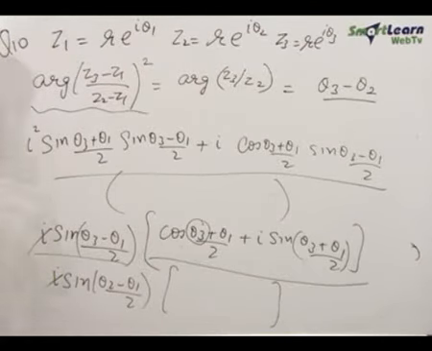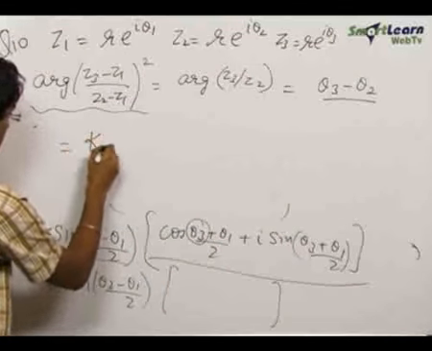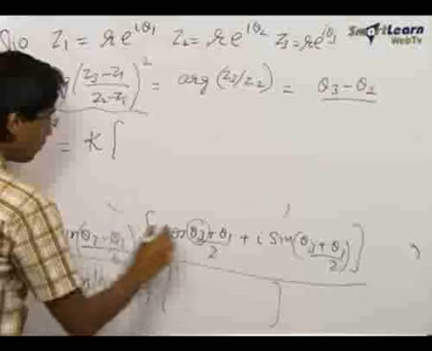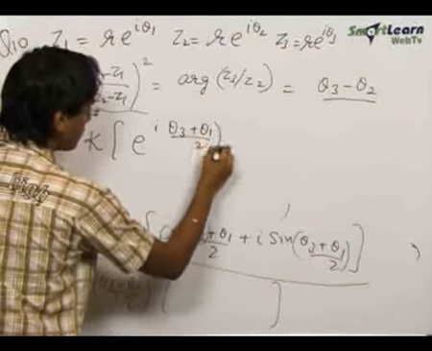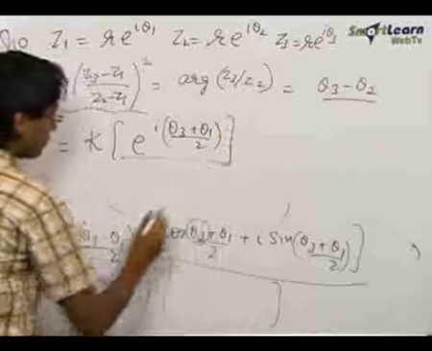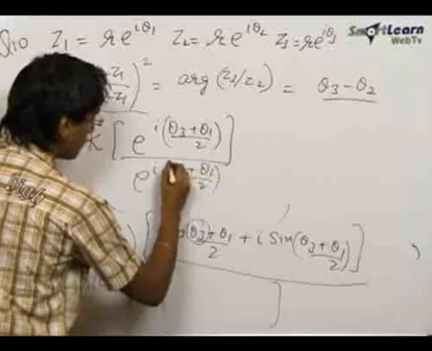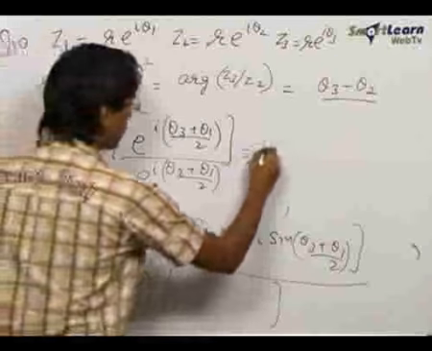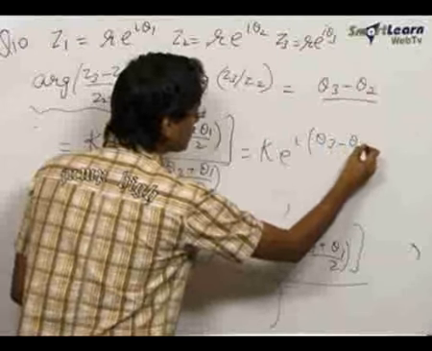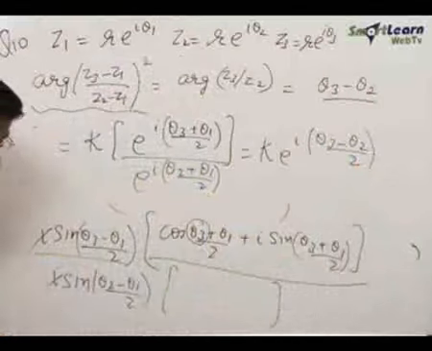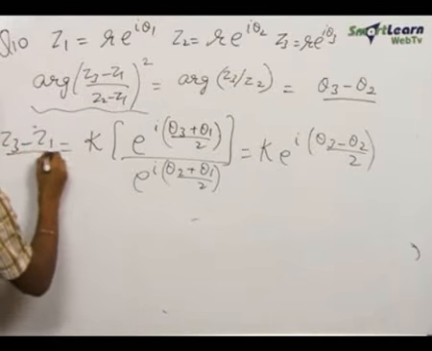This gets cancelled out. On further simplification, since this is a constant, we can replace this by a constant k into e^(i(θ3 + θ1)/2) upon e^(i(θ2 + θ1)/2). This becomes equal to k e^(i(θ3 − θ2)/2). This is the value of (z3 − z1)/(z2 − z1).